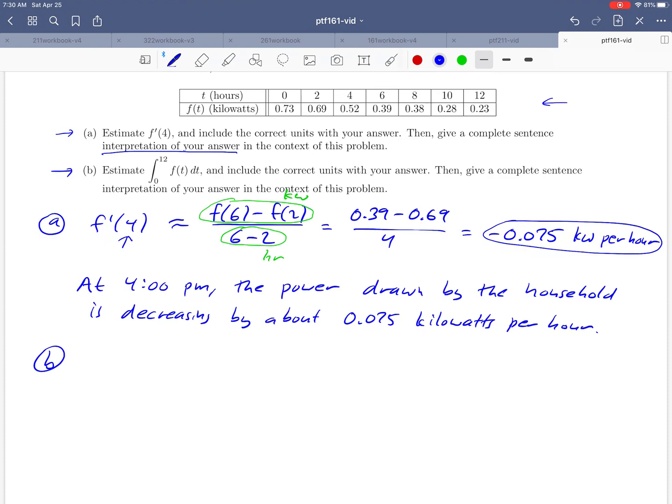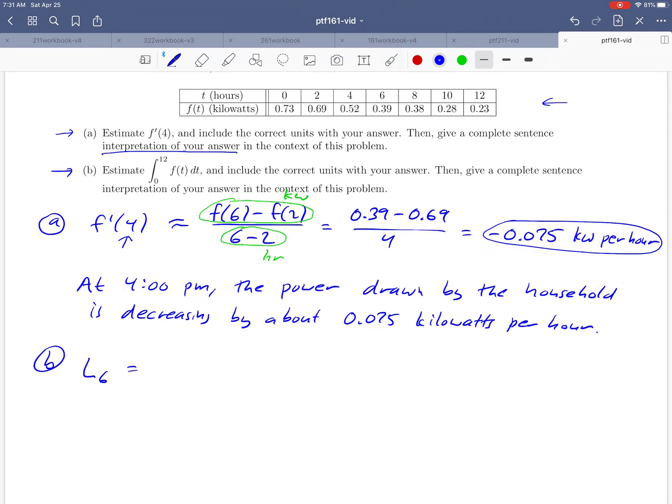One way that we had of estimating area was looking at left and right sums. That's a natural way to approach this given the fact that we're dealing with a table of values. So what would the left sum be? Well, looking at the number of data points in our table, it's natural to use 6 subdivisions.